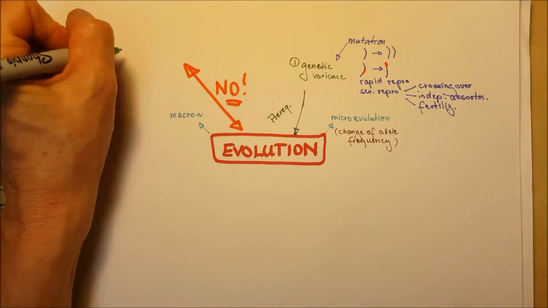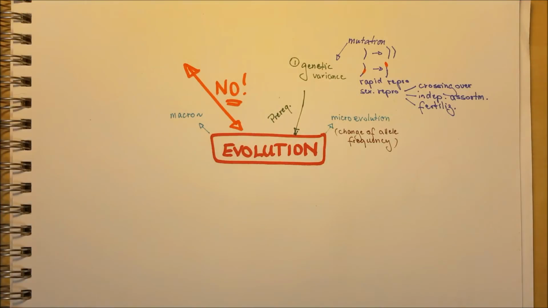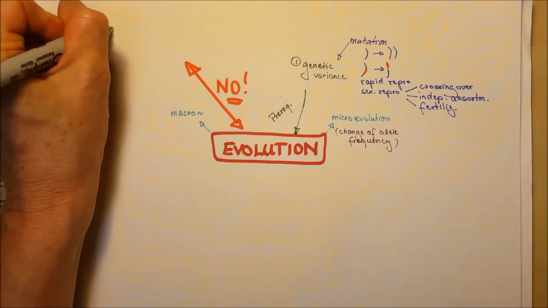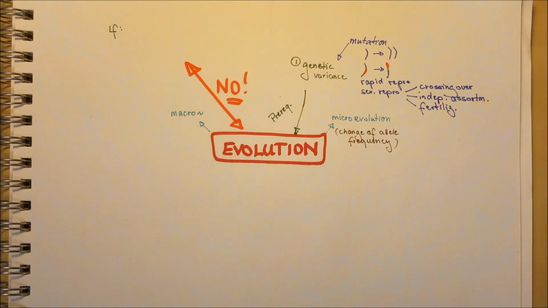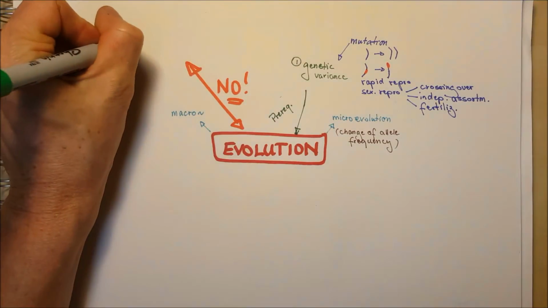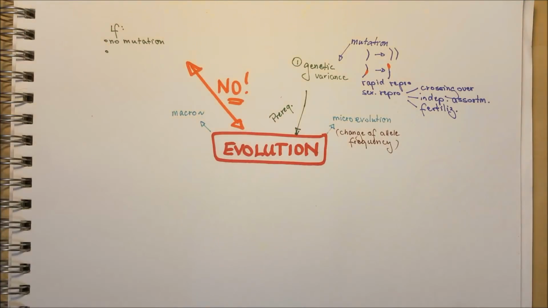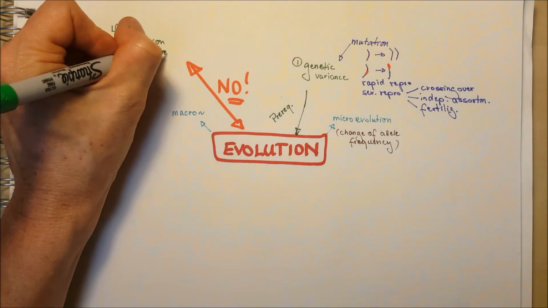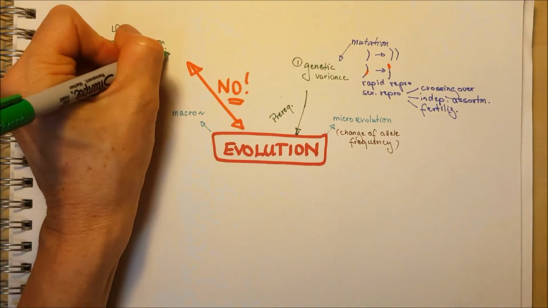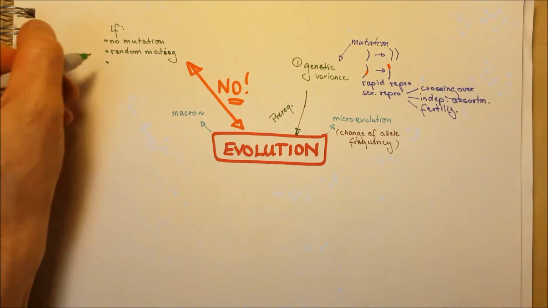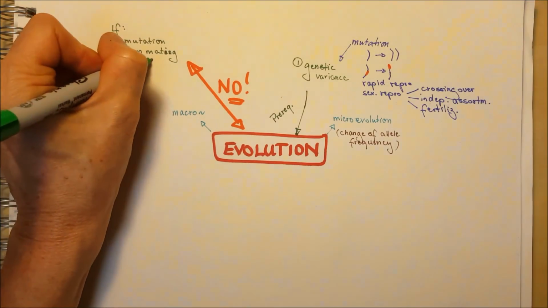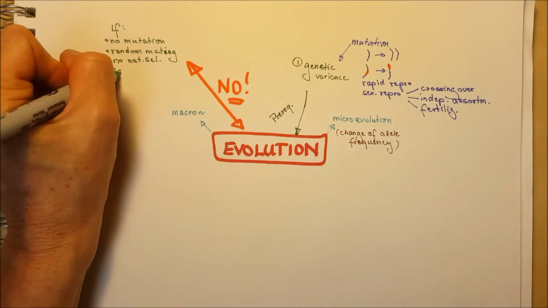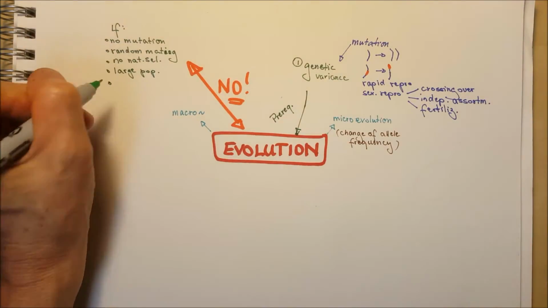So there's no evolution if no mutation happens in a population, random mating happens, no natural selection happens, the population is large, and no gene flow happens in the population.